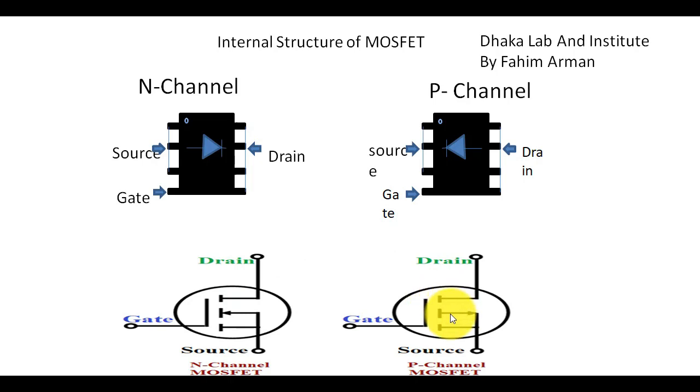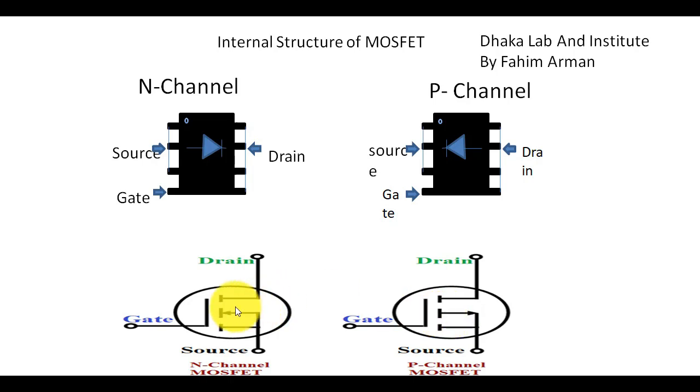And here the P channel MOSFET symbol is this, and you can see that the arrow mark is on the outward side from the gate. So you can understand that this is a P channel MOSFET.